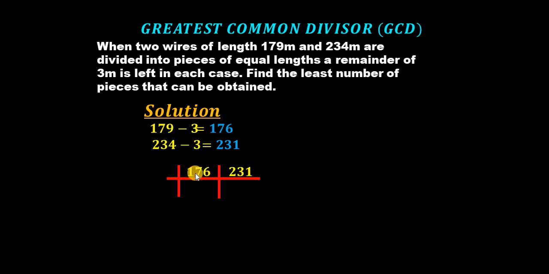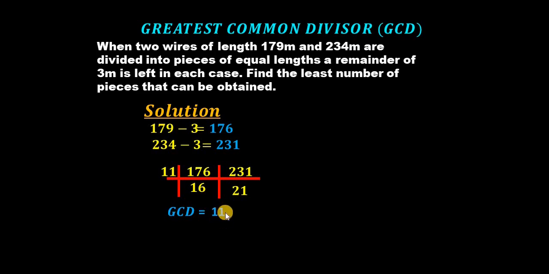So 11 can divide both of them. 11 goes into 176 16 times, and 11 goes into 231 21 times. At this point, 16 and 21 do not have common divisors, and therefore we stop. That means that the GCD for 176 and 231 is 11.